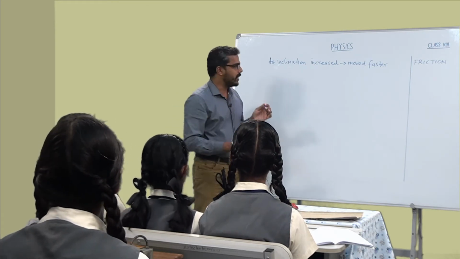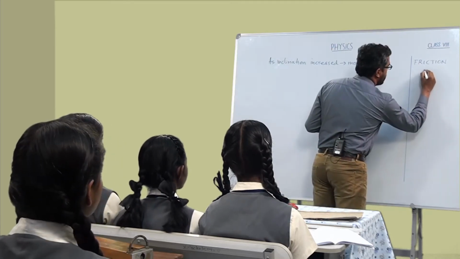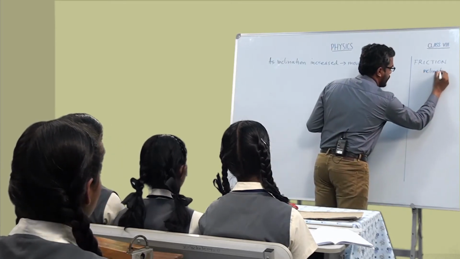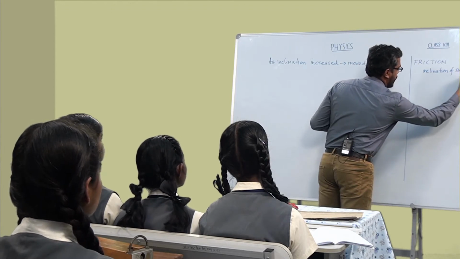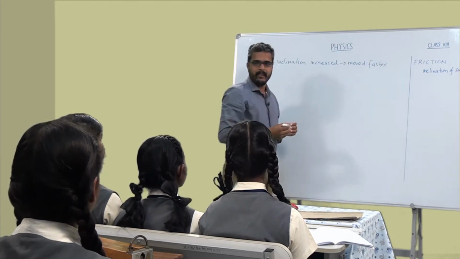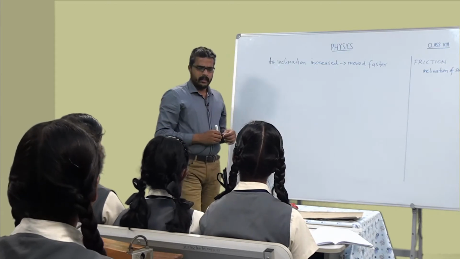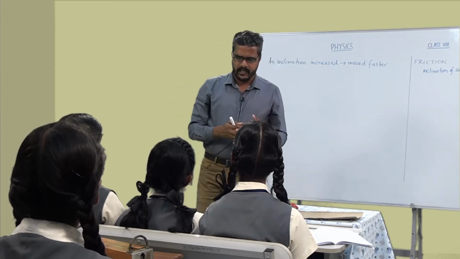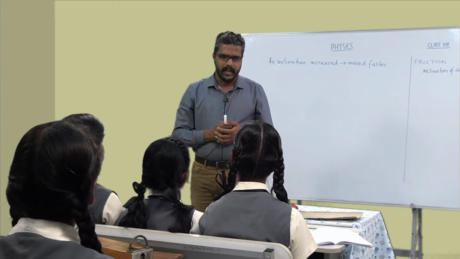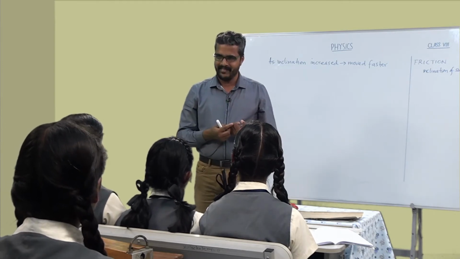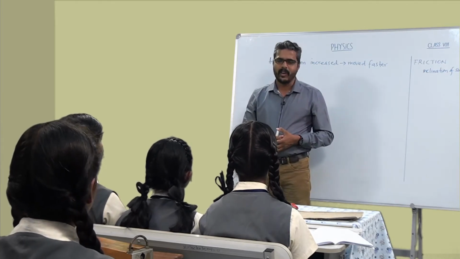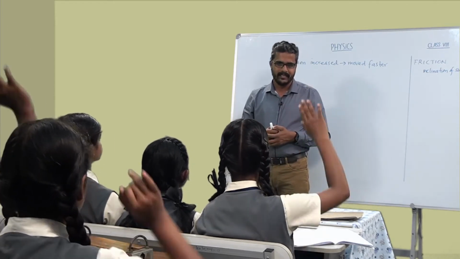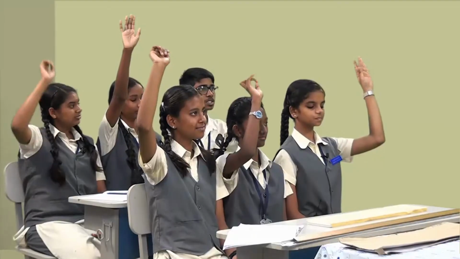So inclination of the surface is influencing, right? Now, have you ever experienced, maybe while going to take bath, you may use oil, right? If the oil falls on the surface, what happens if you walk over that? Sir, we will slip, sir. You will slip, right?